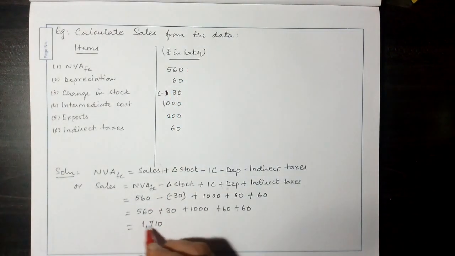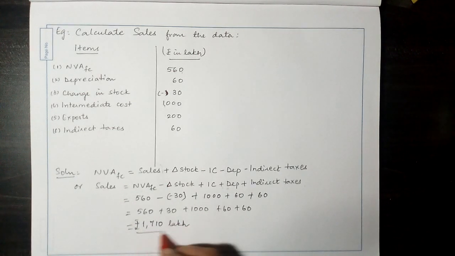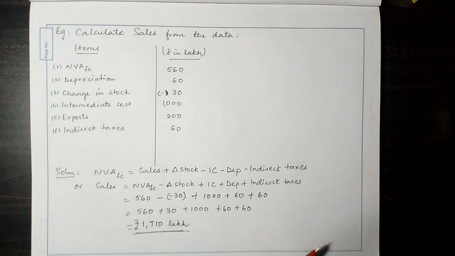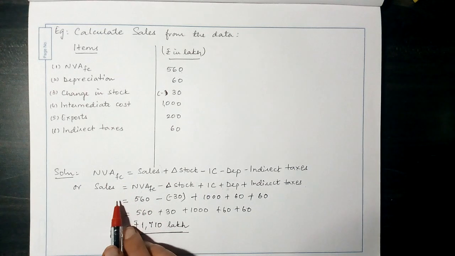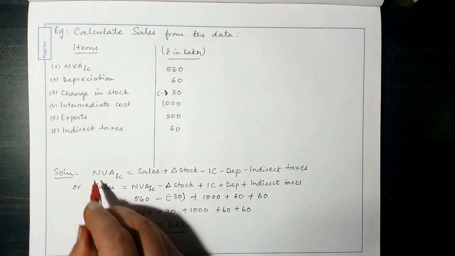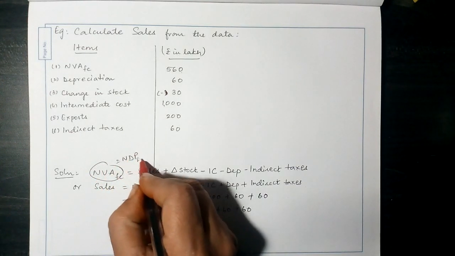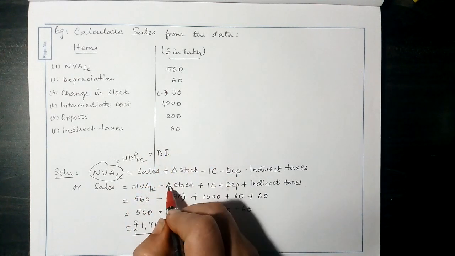Oh, sorry, it is given in lakhs. So this is lakh. So that's our NVAFC, net value added at factor cost. What is NVAFC? NVA at FC is nothing but NDPFC. NVAFC is equal to NDPFC. NDPFC is equal to domestic income.